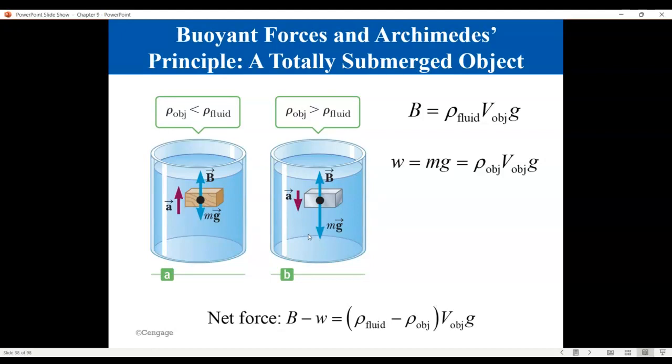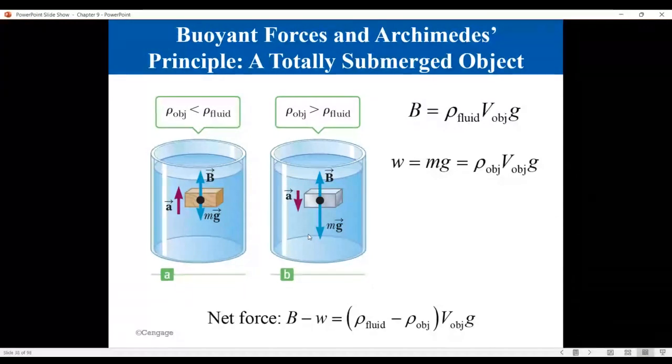Once again, the buoyancy force is equal to the density of the fluid times the volume displaced of the object times the gravity, right? You'll see what I mean by that. However, if the density of the object is more than the fluid, what tends to happen? It will go down. So it's important to note that we're not talking mass, right? We're talking density.